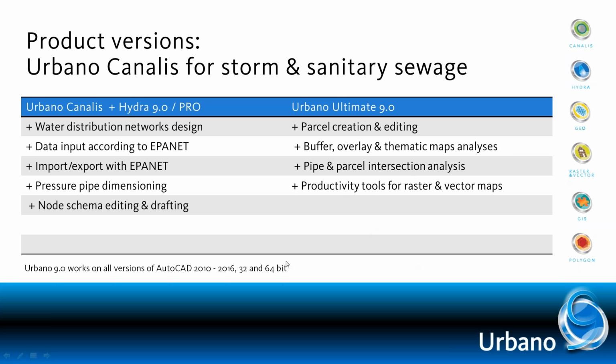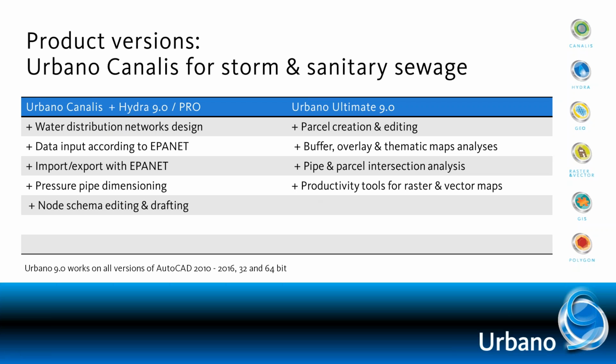And then something I didn't talk about at all today is water distribution system design, or pressurized pipe networks. So we have those as well, and they are called Urbano Hydra, and you can also purchase the full set, so gravitational and pressurized systems, and then you of course get layout and long section design tools.